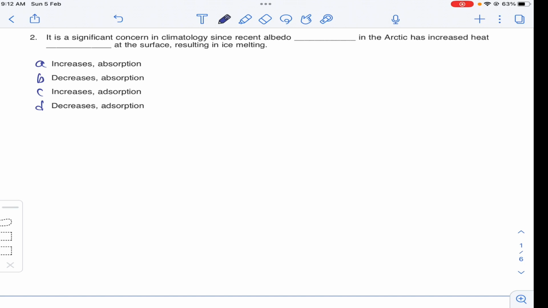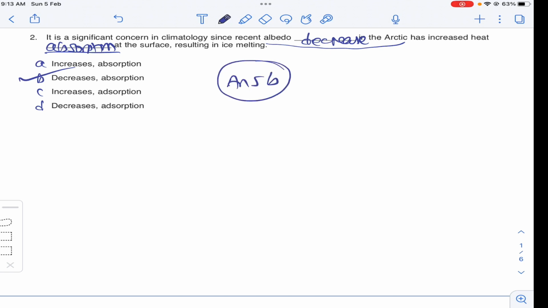That is, a decrease in the albedo in Arctic, and an increase in absorption at the surface resulting in ice melting. So albedo decrease in Arctic has increased heat absorption. So decreases and increases. Answer B for question number 2.